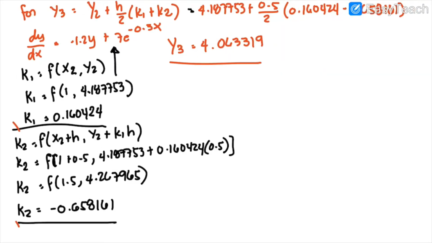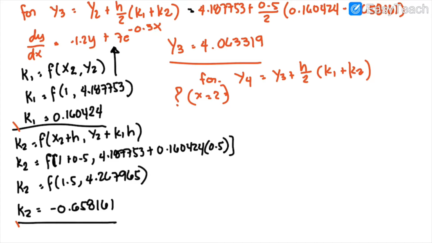Continuation, we can now immediately go in solving for the value of y4. For y4, which is at the value of x equal to 2, which is our unknown, yan na yung pinaka last na natin kailangan i-solve. y4 is y3 plus h over 2 times k1 plus k2.